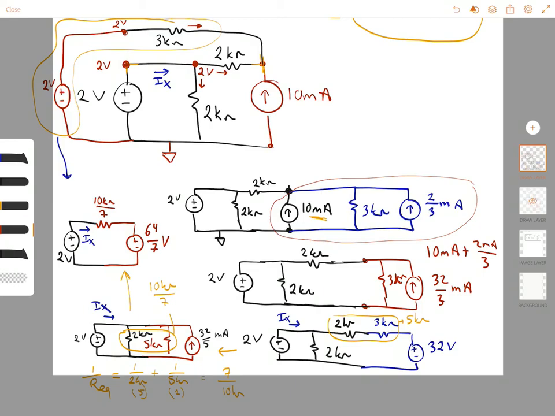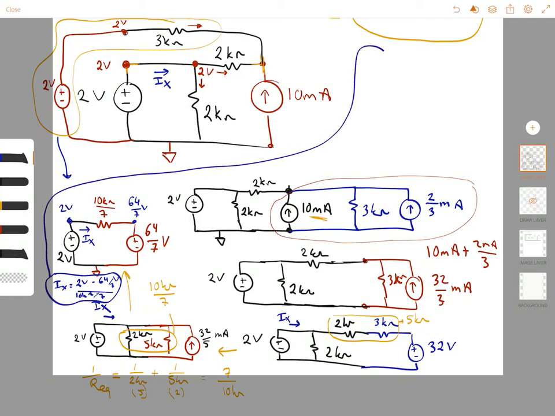So in order to calculate Ix, you can assume that this is your reference. That will make this 2 volts, and this makes it 64 over 7 volts. Ix is just equal to 2 volts minus 64 over 7 volts divided by 10 kilo ohms over 7. Now this is becoming a little bit ugly here. So I need to calculate this in a faraway land where I have space.